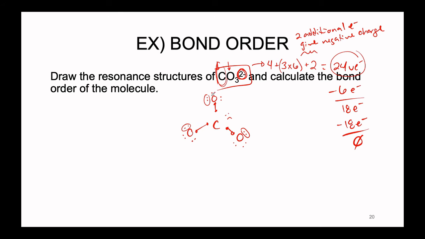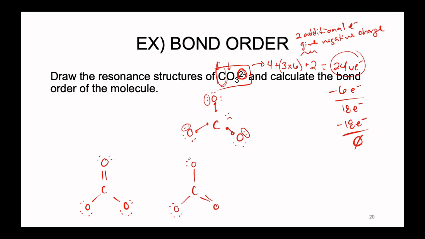So if we pick our lone pair from the top, our structure is going to look a little something like this, with a double bond between the oxygen and the carbon up on top, and all of the rest of the oxygens still having their lone pairs intact. If we pick the double bond from the oxygen on the right, we'd have a single bond to the oxygen up on top this time. The double bond would be on the right.